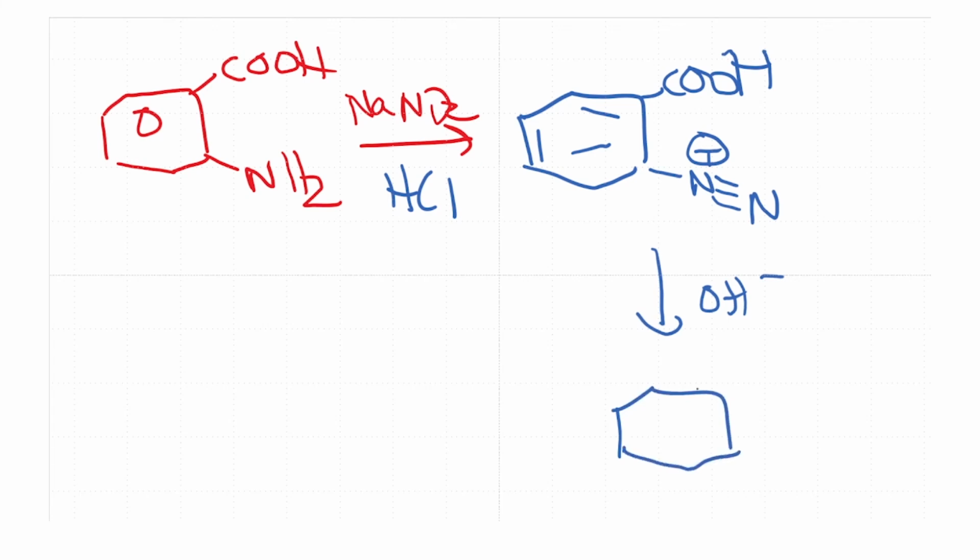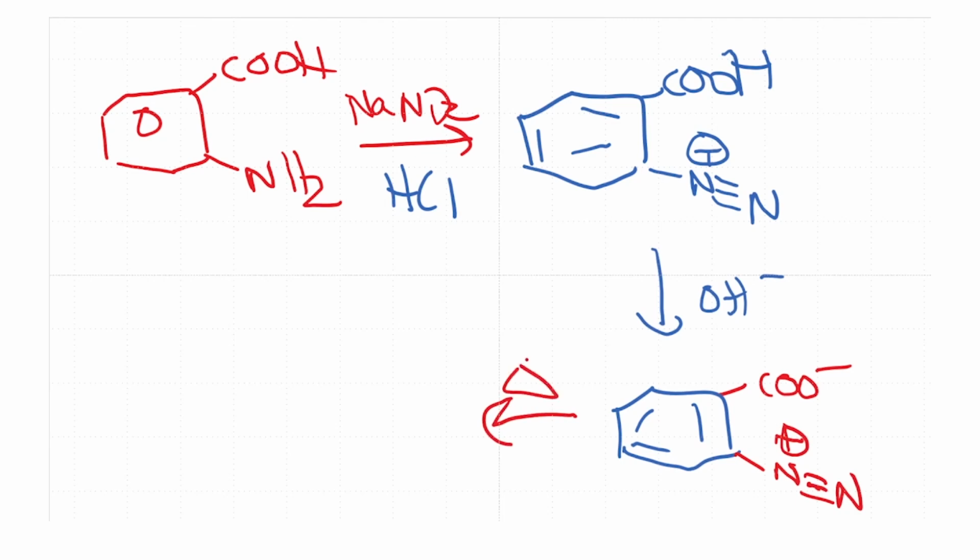So you have the formation of COO minus and N triple bond N plus. Now when you heat this up to high temperatures, what can happen is that you have a loss of carbon dioxide, C double bond O, O minus.